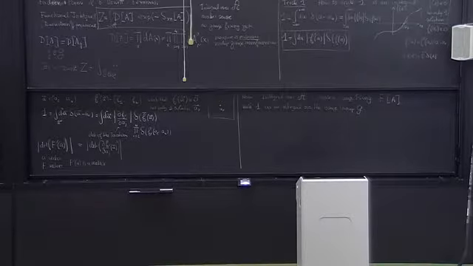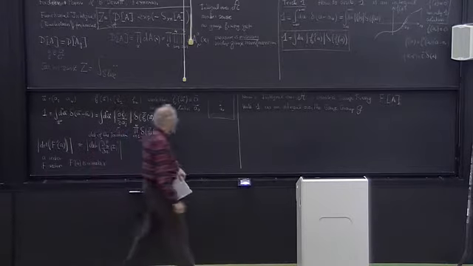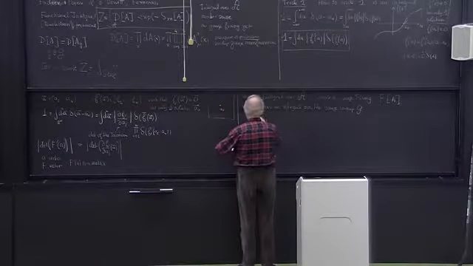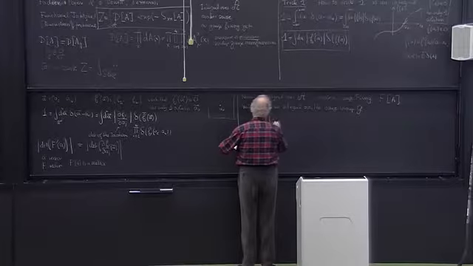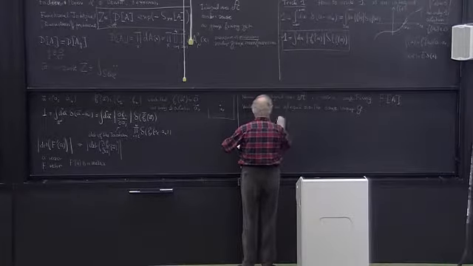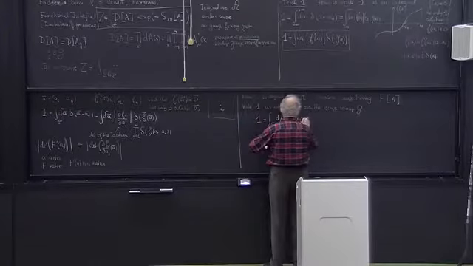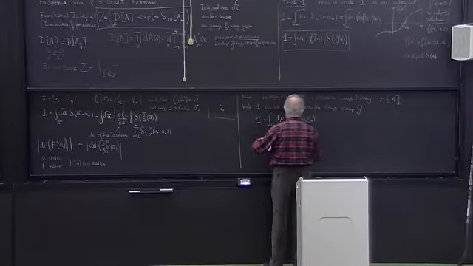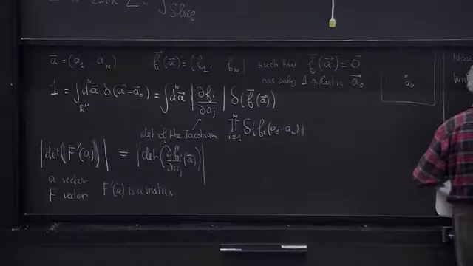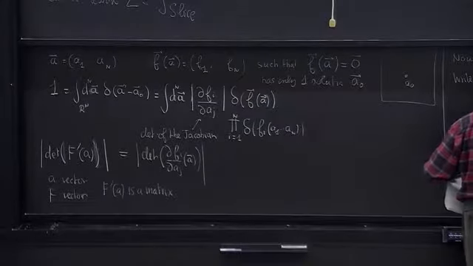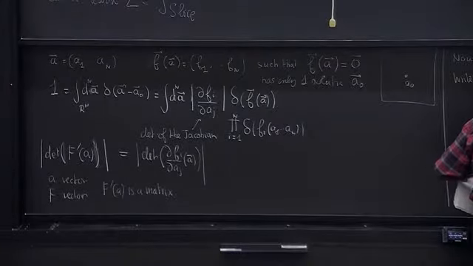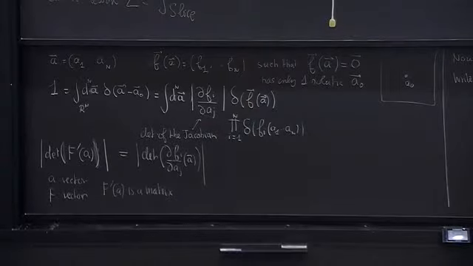So you can write something which is just that 1 is the integral over a group G of d mu of G times delta of G and G0, where this is the Haar measure, and this is the Dirac delta function on the group.